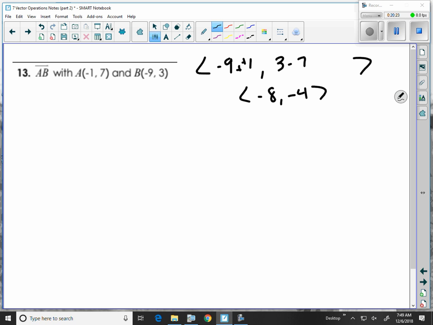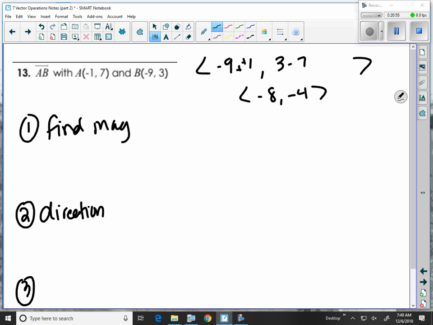Oh, that's not the same one. Is this the same one that you guys have for 13? Did I skip one? Oh, I see. I was on practice. Okay, we're good. Now we can find our magnitude, then our direction, and then trig form.